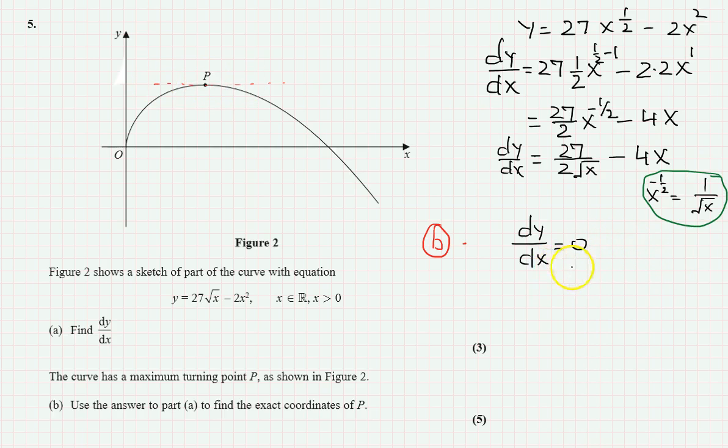So 27 over 2 root x. Root x is in the denominator. 2 root x is equal to 4x. 27 is equal to 4 times 2, that is 8, root x and x is x to the power 3 over 2. 27 over 8 is equal to x to the power 3 over 2.